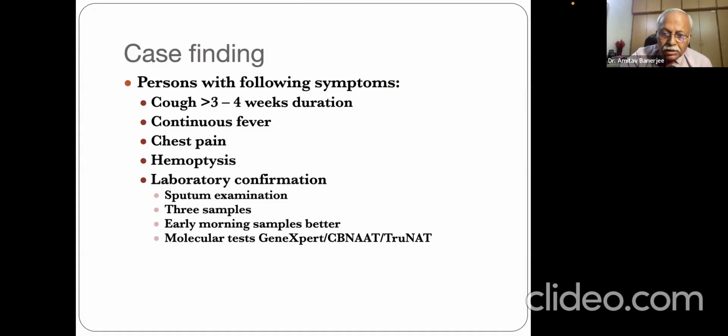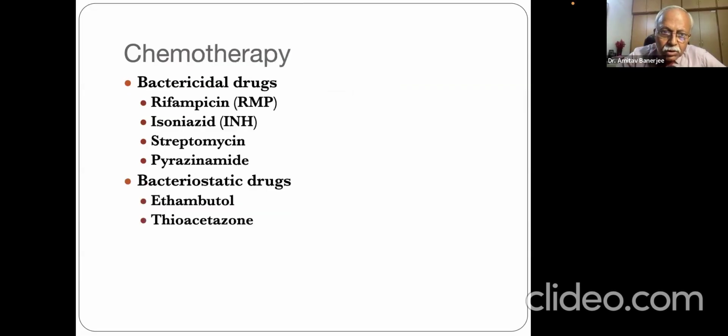GeneXpert, CBNAAT, and TrueNAT. These are the tests which are mostly available currently, but as I will emphasize, they have limitations, particularly in control of multi-drug resistant tuberculosis and extensively drug-resistant tuberculosis. Chemotherapy: we know these are the first-line drugs, rifampicin, isoniazid, streptomycin, pyrazinamide.